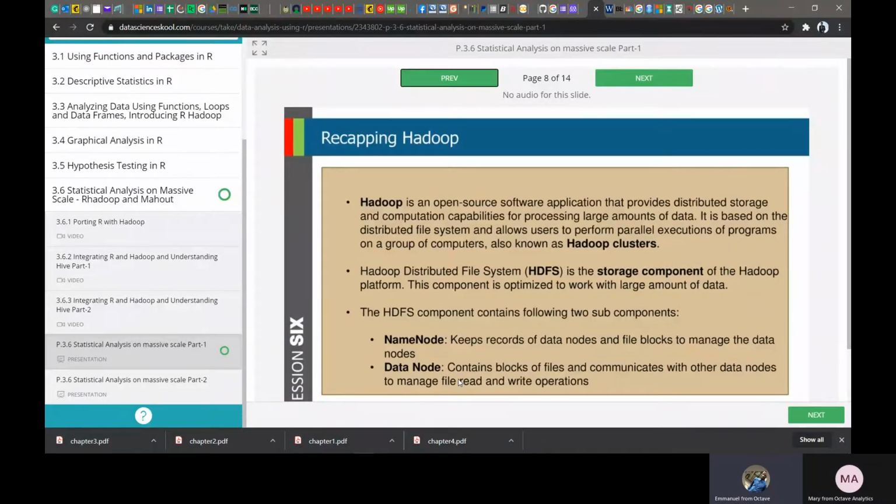So if after 2 seconds a particular data node does not provide a heartbeat to the name node, then the name node unmaps the data node and assumes that it's no longer available. Okay, so moving forward to the next slide.